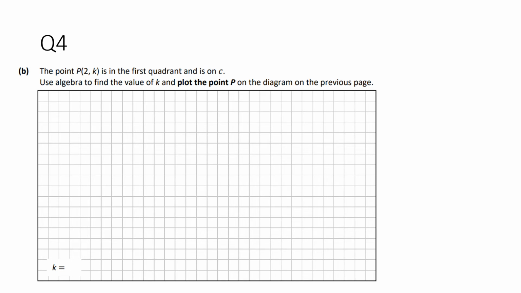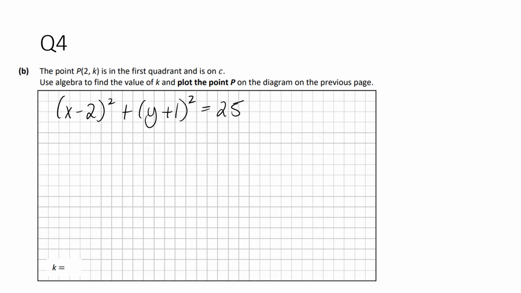For the last part then, you are asked to find k if the point 2, k is in the first quadrant and is on C. It tells you it's on the circle, so you need to sub it into the equation of the circle. Remember, your equation of your circle is x minus 2 squared plus y plus 1 squared is equal to 25.